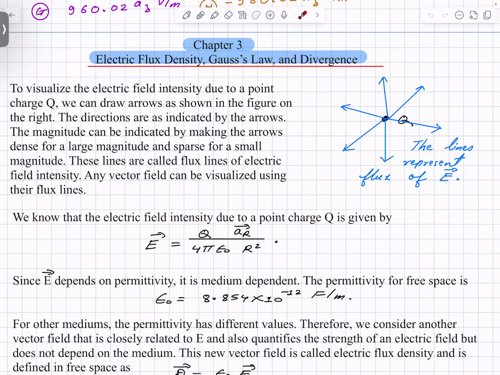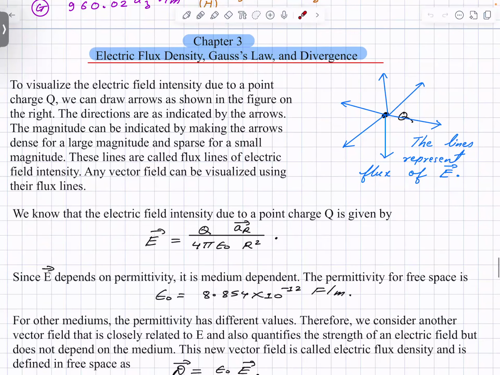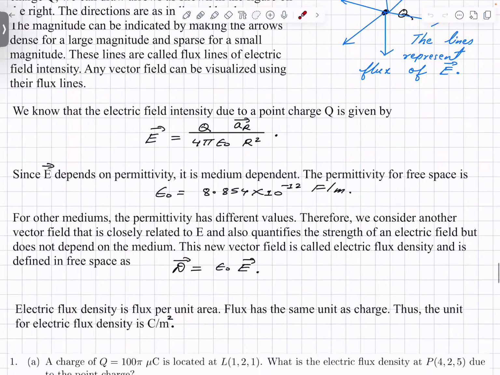So to remove the dependence on that medium, we defined another quantity closely related to electric field intensity, and that is what we call electric flux density. If we multiply this electric field intensity by epsilon naught, then the epsilon naught in the denominator gets canceled, and we have a medium-free vector field, which we call electric flux density.